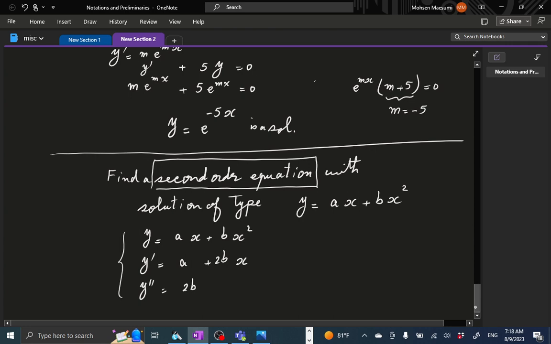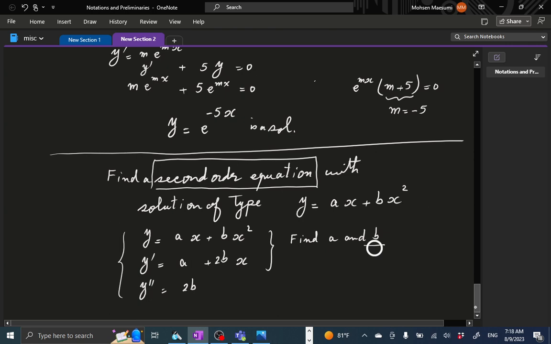Now the equation I want to write is not supposed to have these parameters in it. It has no a's or b's in it. So what do I do? I have three equations here. From two of them I can find a and b, or at least find b.